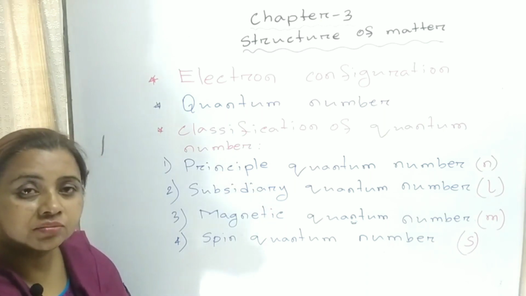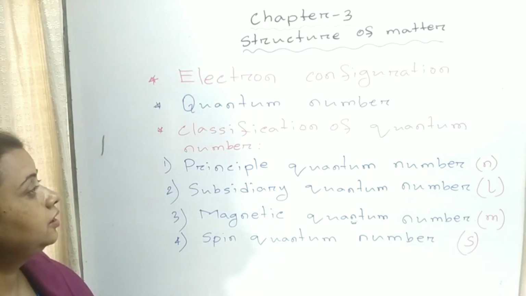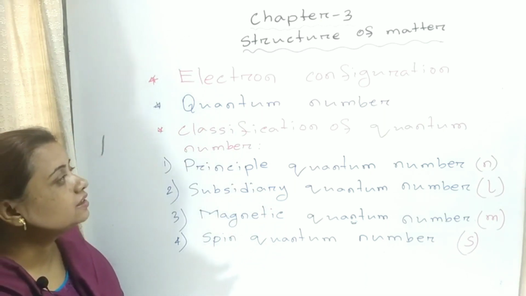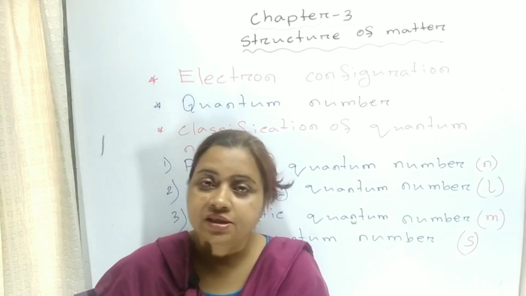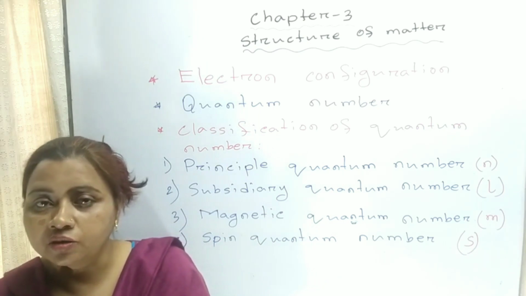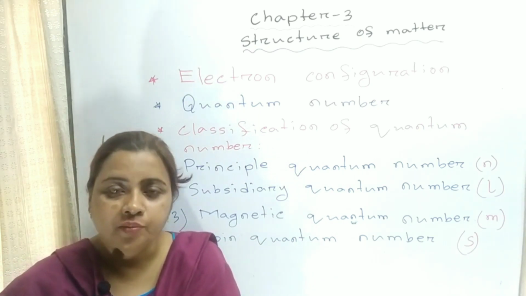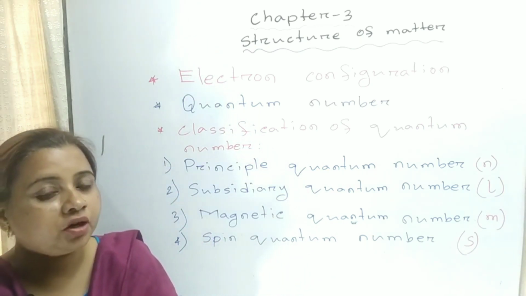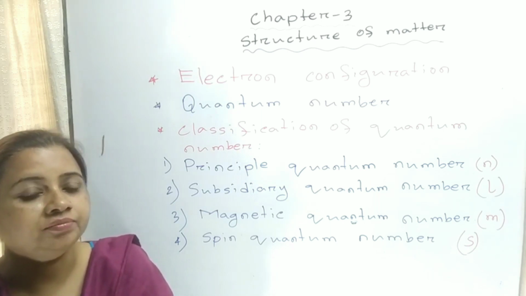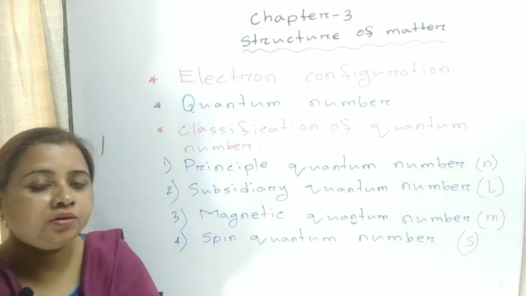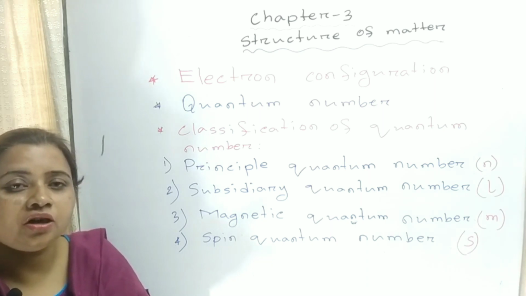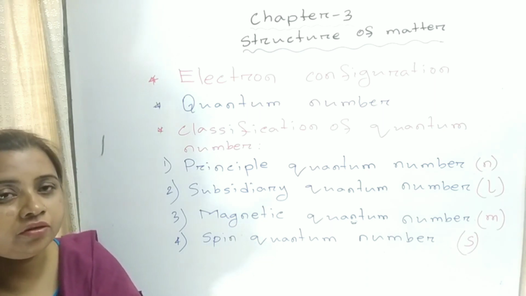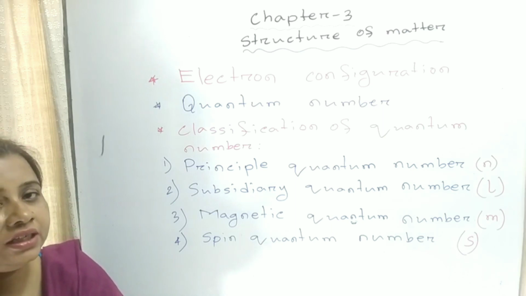What is quantum number? To express the size of the orbit of an atom, the shape of the orbit, the orientation of electrons in the orbit and the direction of electrons, 4 numbers are needed.